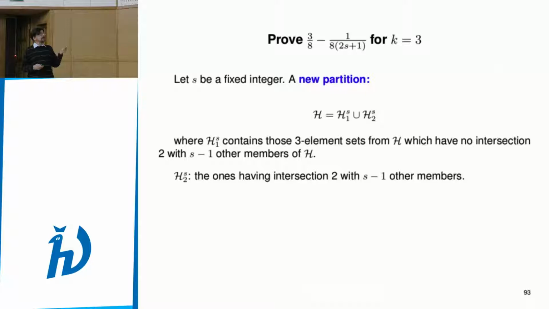So remember, when S was 2, it meant it does not have an intersection with any other. And this H2 was that it has another member with a common edge.